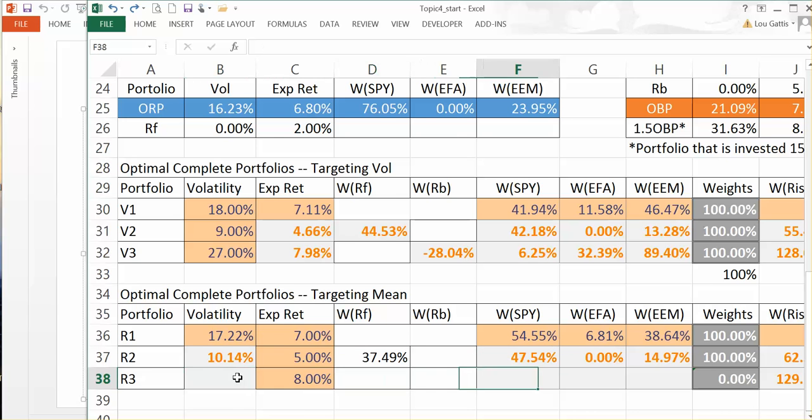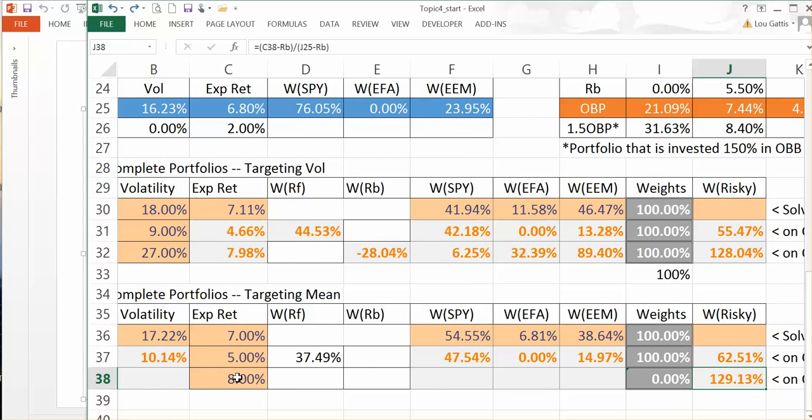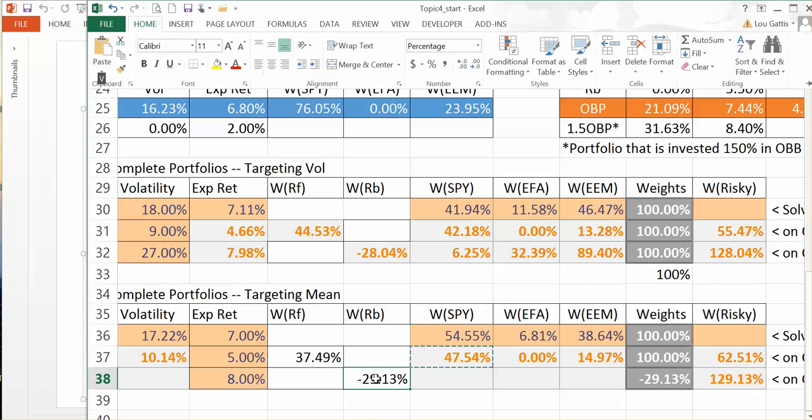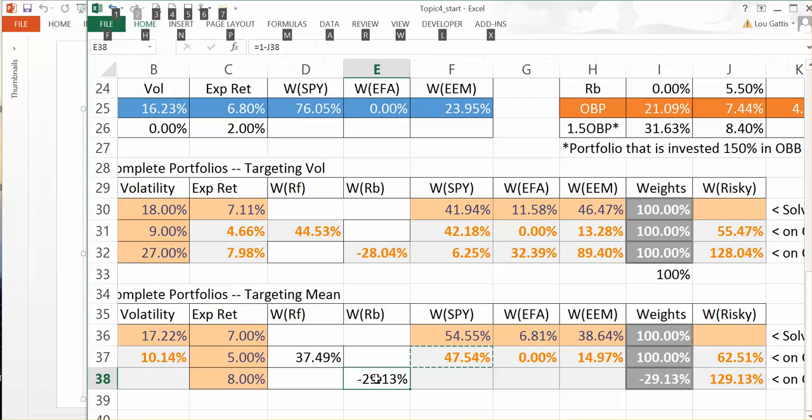And then back to this problem. If I wanted to get an 8% return, I need to have 129% of my money invested, which means 1 minus that. I need to have negative 29% of my money invested or borrowed. Let me copy these formats.